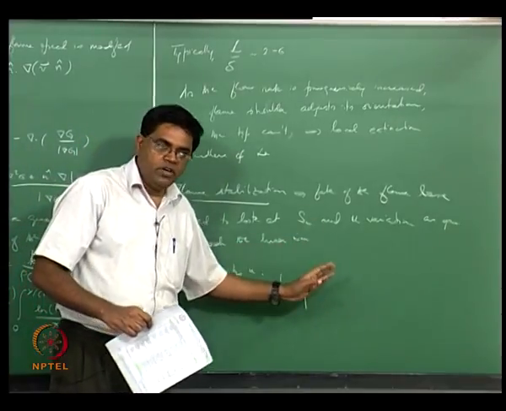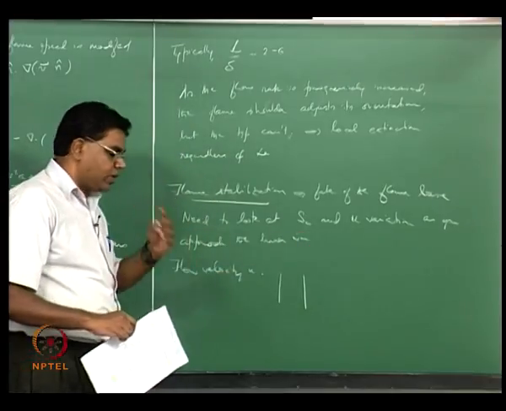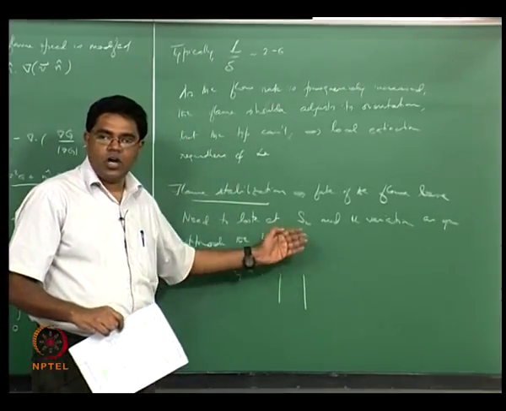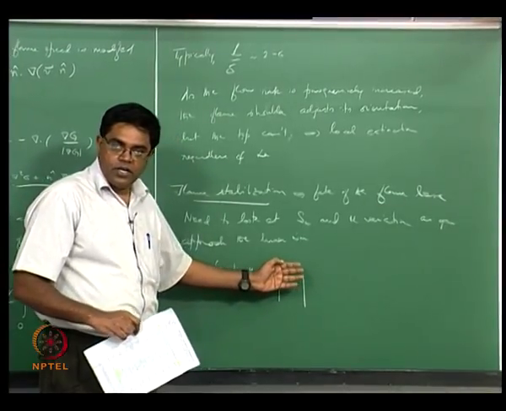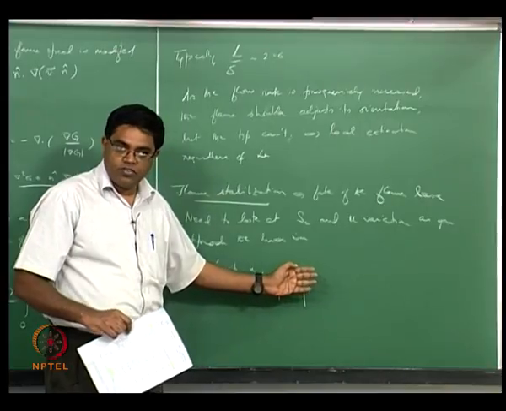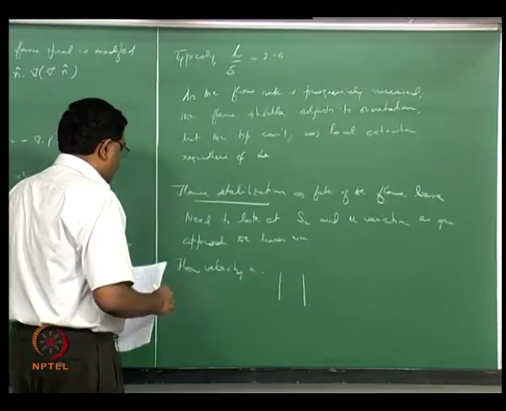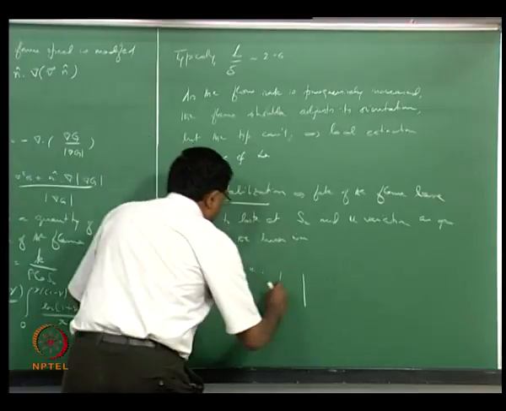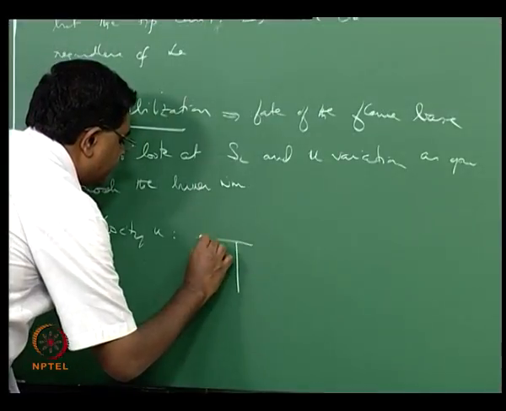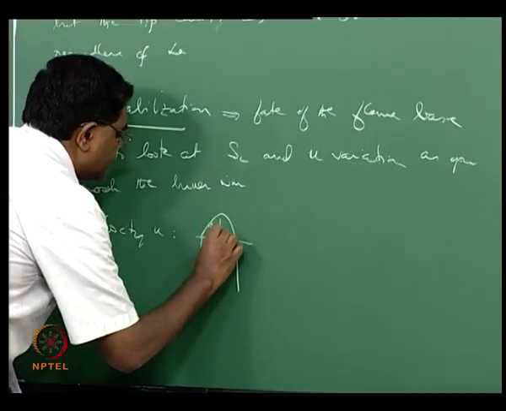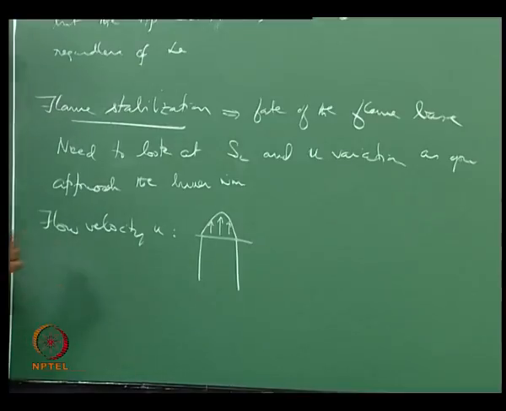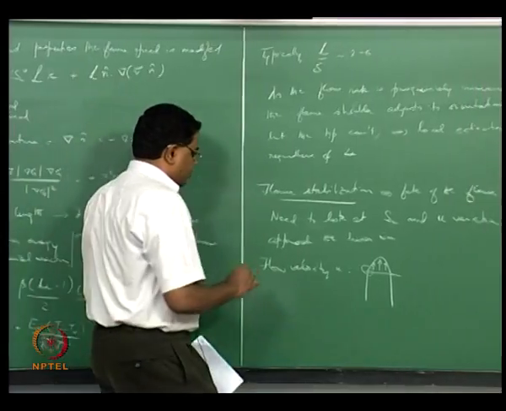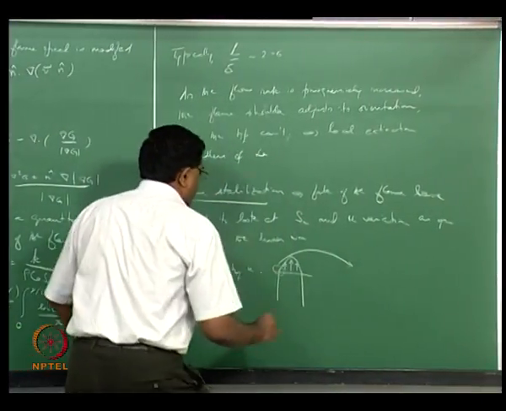So even in a worst case where you assume a fully developed flow that is emerging out of the tube, and we are talking about laminar flames. So we are looking at a laminar, fully developed flow that is coming out of the tube. We expect a parabolic velocity profile. But what matters to us is what is happening here.